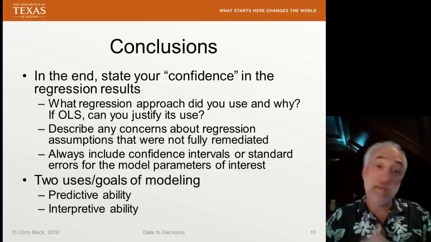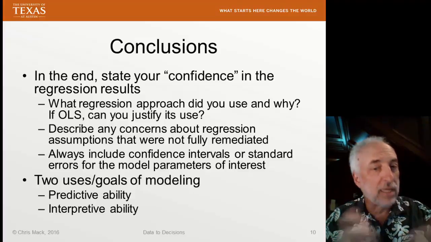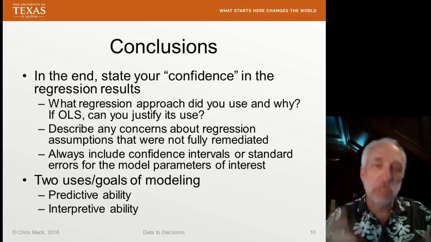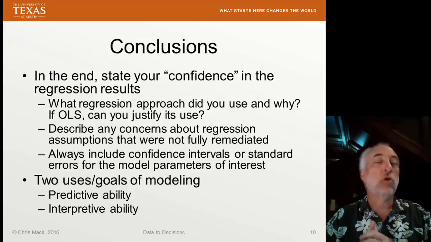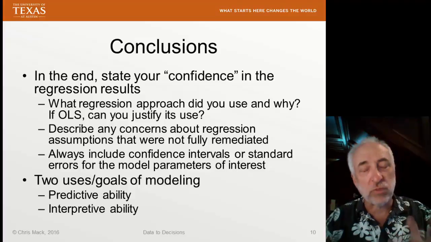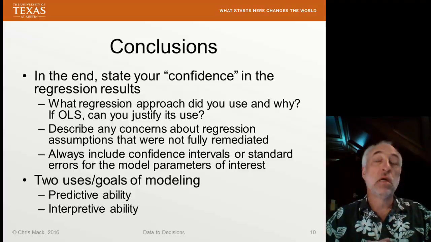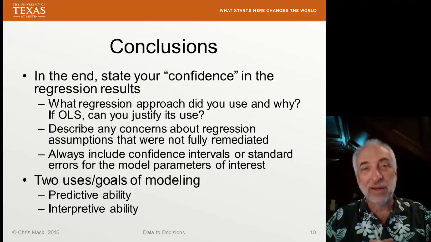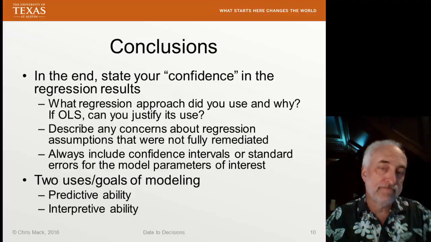This parameter really does have no influence on the results. Again, interpretive ability, which usually means interpreting the meaning of the form of the model and the coefficients on those models, requires us to put confidence intervals around the model parameters. You have not done a regression unless the regression includes confidence intervals around your results.